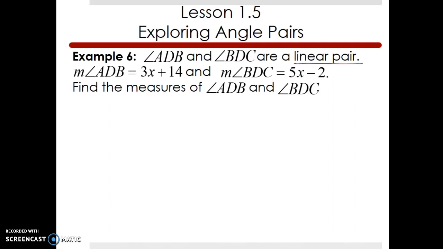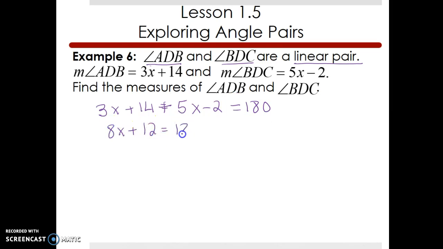So same thing here. It says that angle ABD and DBC are linear pairs. So let's add them and then set them equal to 180. So that gives you 8x plus 12 equals 180. I'm subtracting 12 on both sides. 8x equals 168. Divide by 8. Divide by 8.